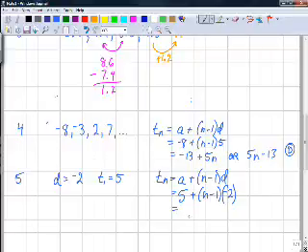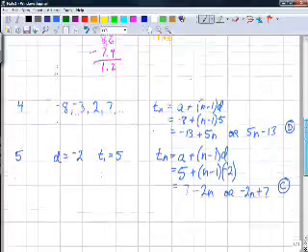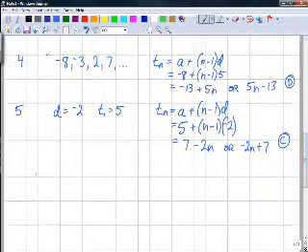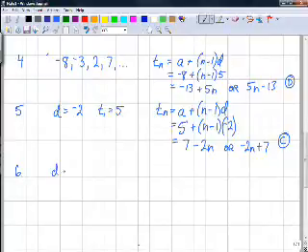I do know that A is negative 8. Again, because it continues forever, N is unknown. N is the number of items, so I'll have to leave that as it is. The difference looks like 5. If I simplify that, I get negative 13 plus 5n.